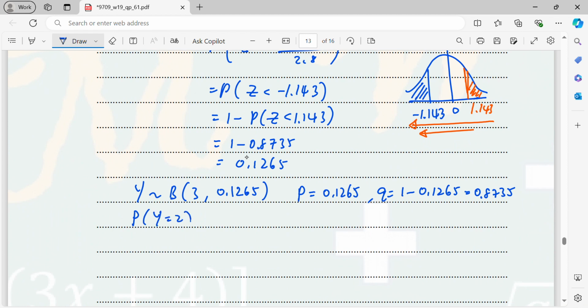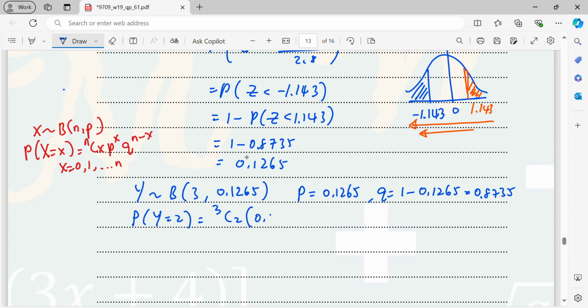So exactly 2 means P(Y = 2). When P(Y = 2), this is 3C2, as in the binomial distribution. X is binomially distributed, and P(X = x) is nCx p^x q^(n-x), where x starts from 0 until n. That's why I'm getting 3C2 here.